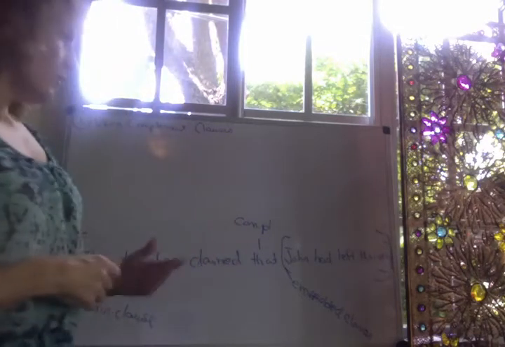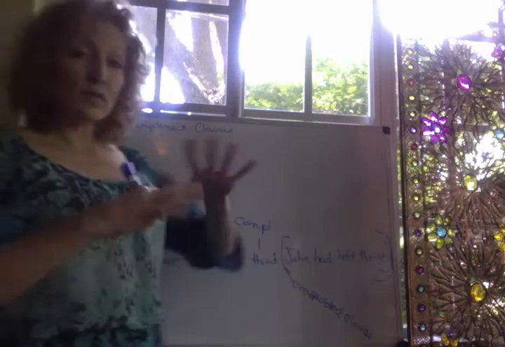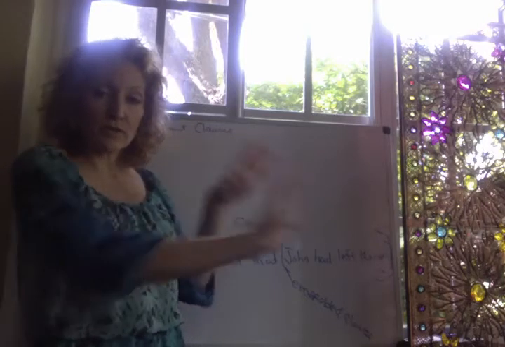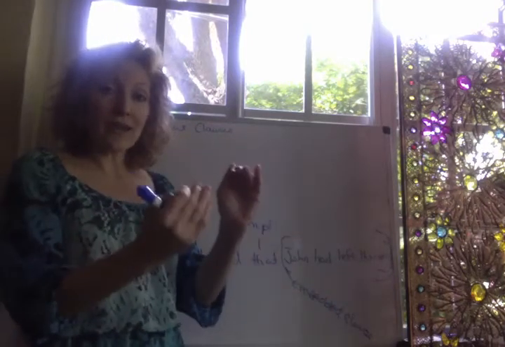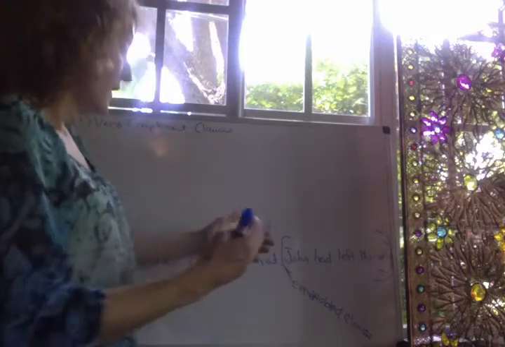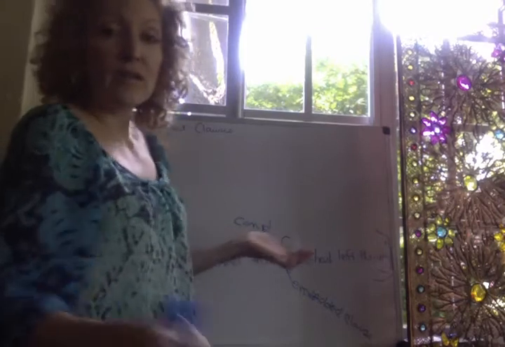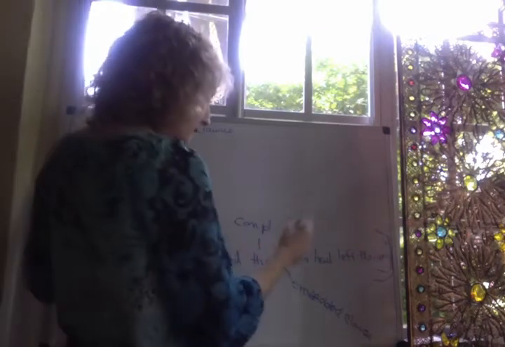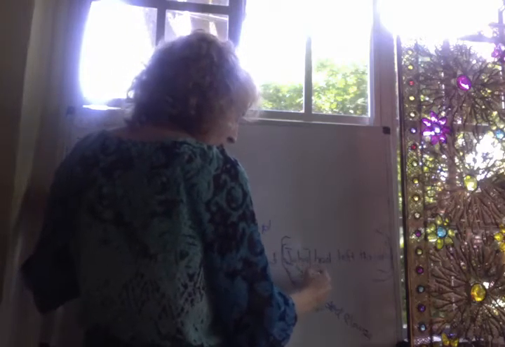So number one, you want to first identify the embedded clause and provide the structure for the embedded clause as if it were a main clause. So you're forgetting about the rest of the structure of the sentence, and you're just looking at that embedded clause part. So when you have John had left the room, if this were a main clause, you know what you would do. You would say, okay, I'm dividing this up into subject and predicate.